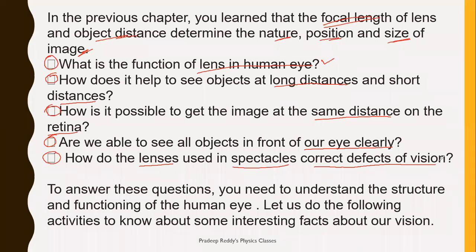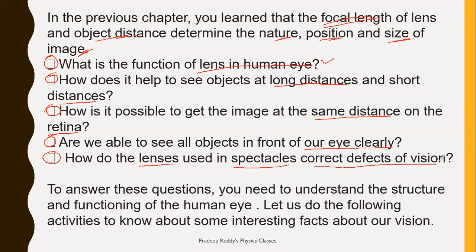So in this particular chapter, we will be learning in detail about our human eye, what is its function and the internal anatomy of the human eye, and how you are able to trace the image which is formed on the retina. What are the effects of the eye lens in the eye, and what are the defects which an eye can suffer.